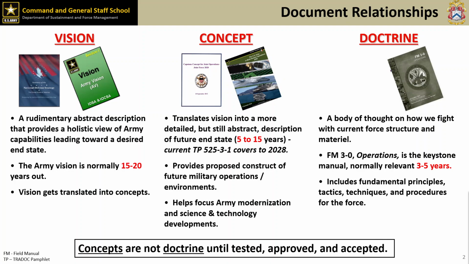The National Security Strategy, National Defense Strategy, and National Military Strategy are written generally on the same time horizon to talk about end states. Doctrine, we're all familiar with. It is the description of how the military fights with the current force structure and current material that's fielded. Bridging the gap between those two are concepts.